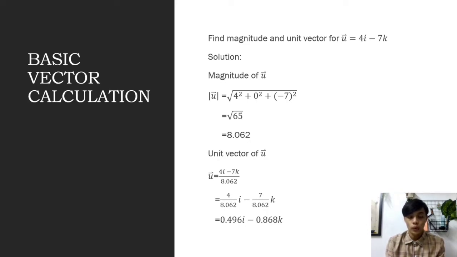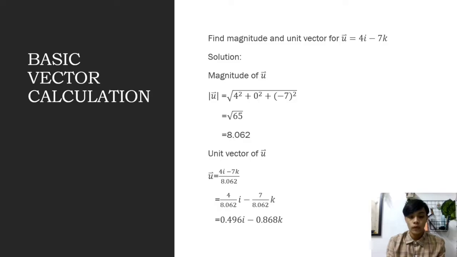So the magnitude of u equals square root of 4 power 2 plus 0 power 2 plus negative 7 power 2, which equals square root 65, and the answer is 8.062.